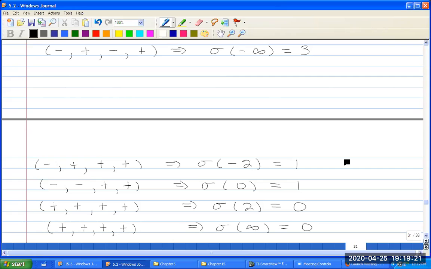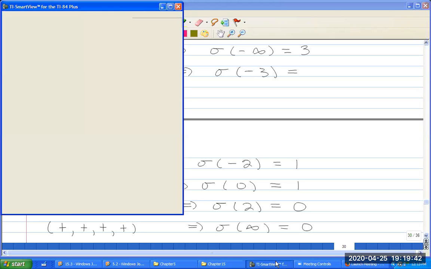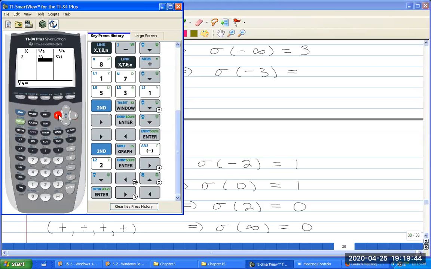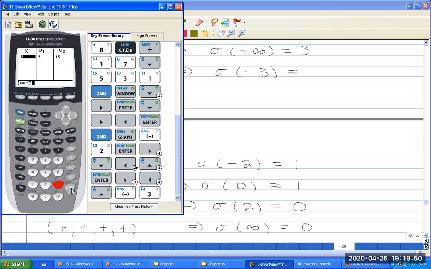So let's see what happens at negative 3, possibly even negative 4. Okay, so let's look at negative 3.